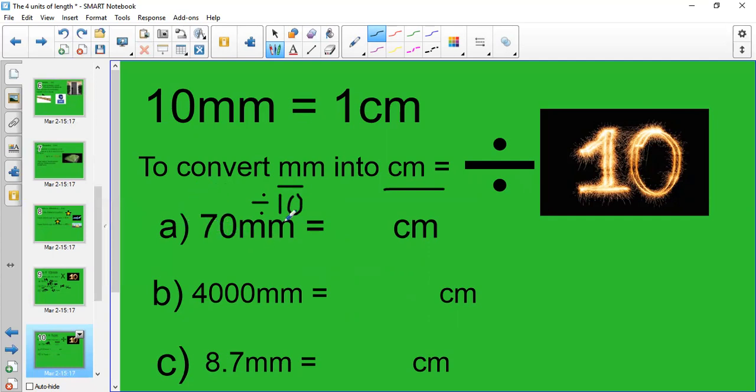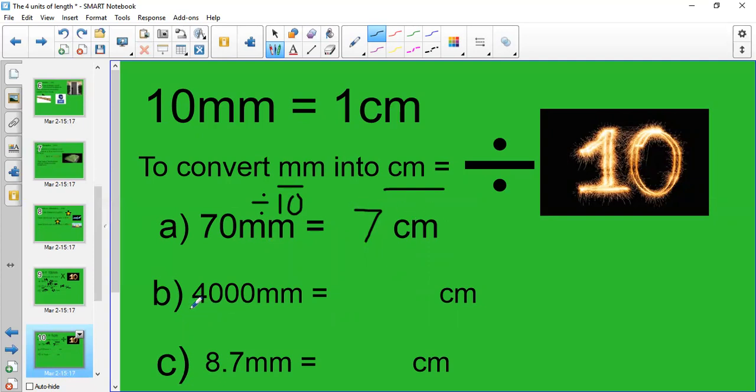So 70 millimeters divided by 10. Well, I know 70's got a 0 in it, so it's just going to be 7 centimeters. And I also know, how many times does 10 go into 70? The answer would be 7. Okay, so I hope that makes sense. It can be a little bit tricky to understand, but just remember that rule. So 70 millimeters equals 7 centimeters.